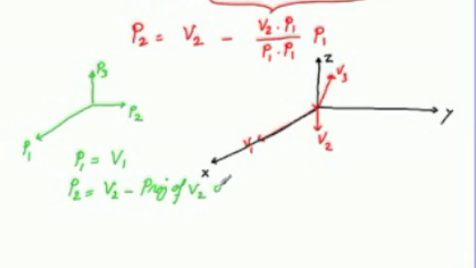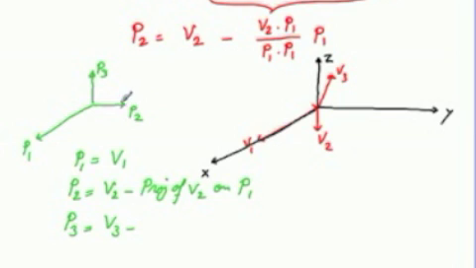P3 is going to be V3 minus whatever shadow it casts on the existing perpendicular set that we already have. Whatever shadow it casts on P1, we remove it so it doesn't duplicate this direction. Whatever shadow it casts on P2, we remove that so it doesn't have any component going in that direction.